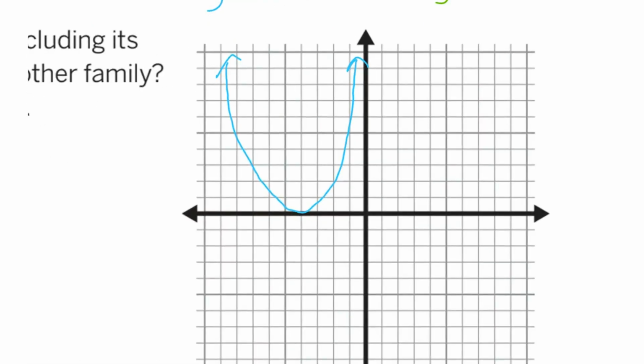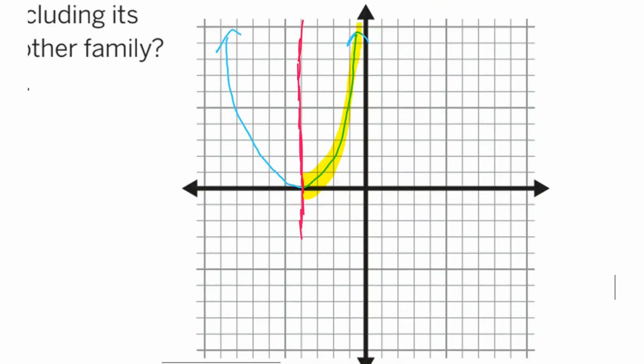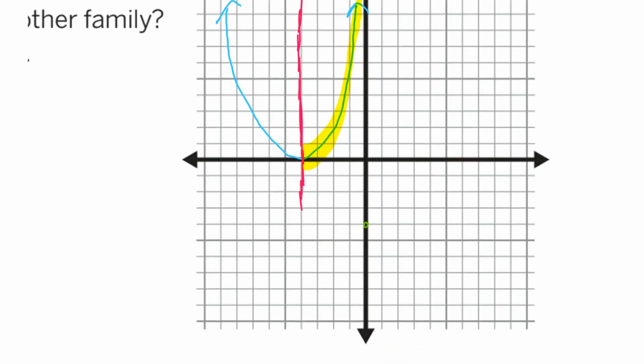So I take my parabola here. If I were to change the domain, meaning if I was just to look at, let's say, this right side here, and then if I were to flip that, what we could end up getting here is something that would look like this, which would be kind of like our square root function. And so obviously you can see that it takes some changing to do, right?